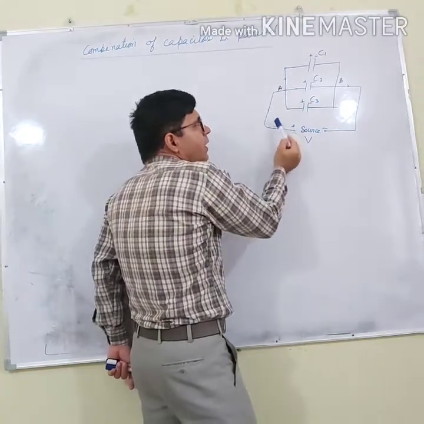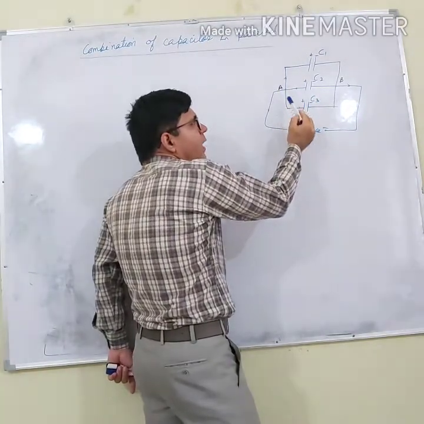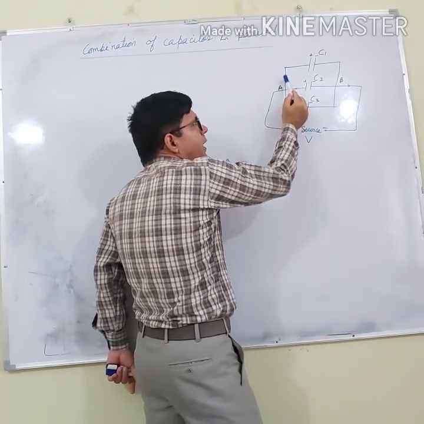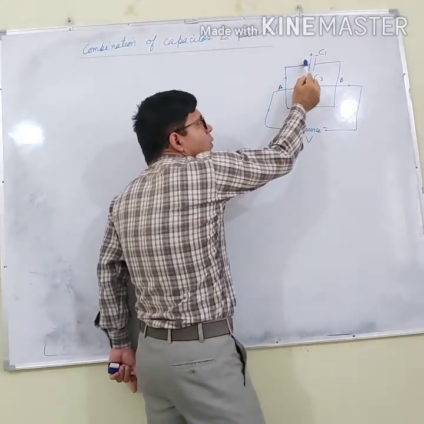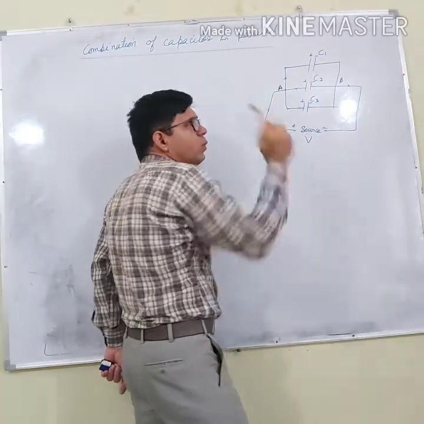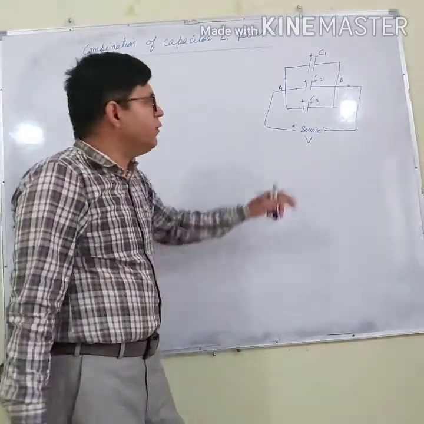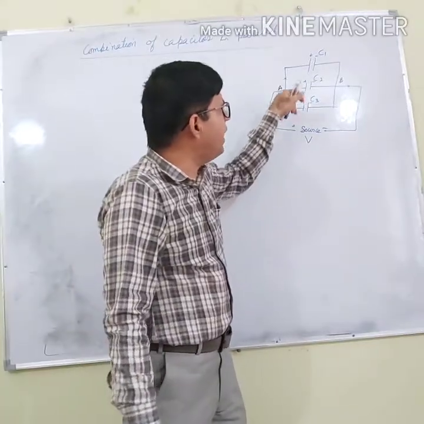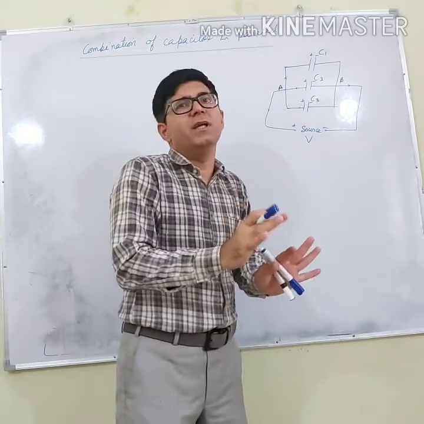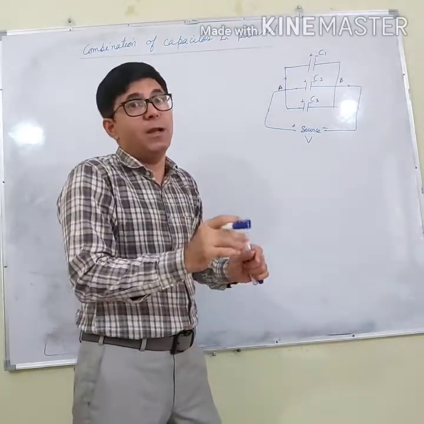For example, we have connected C1, C2, C3 to a source of EMF. Then during the charging, what will happen? After coming to point A, charge will go to C1, charge will go to C2, and charge will go to C3. So there are various paths for the flow of charge. So that combination is called a parallel combination.